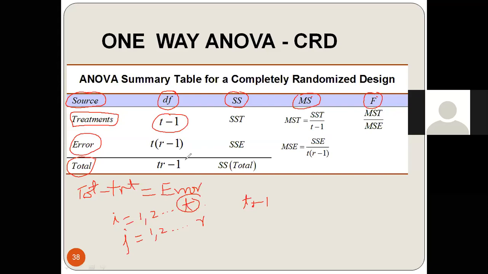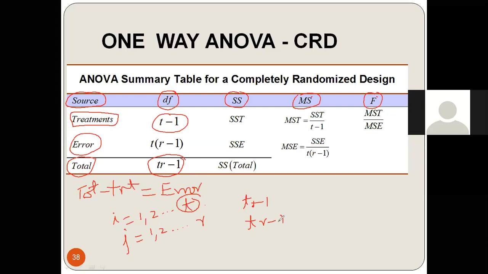Then the next one is total degrees of freedom, t into r, number of treatments multiplied by replicates minus 1, tr minus 1.